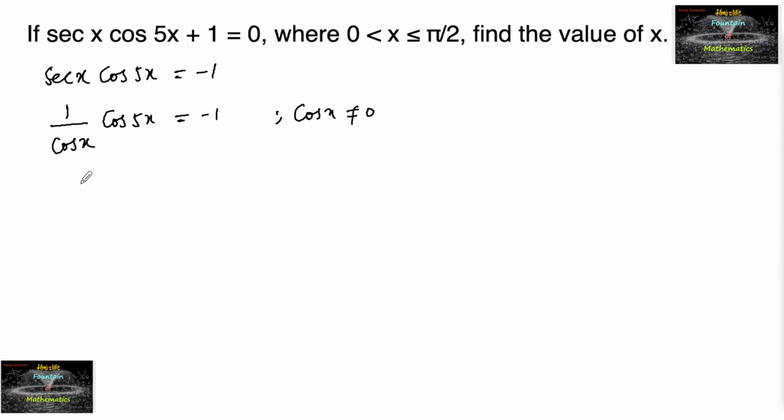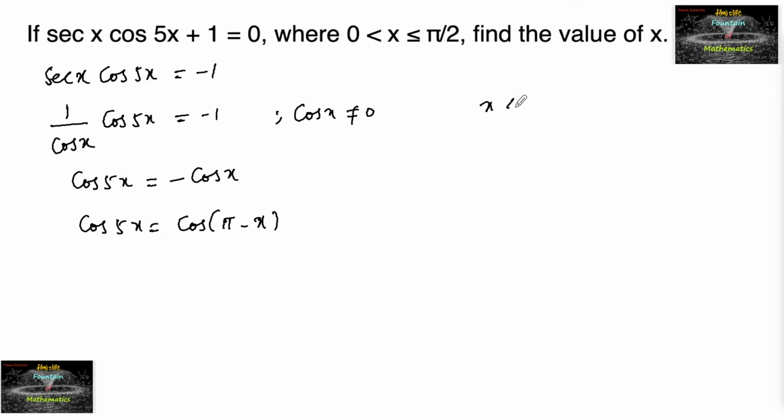So cos 5x is equal to minus cos x. So we can write this as cos 5x is equal to cos of pi minus x.